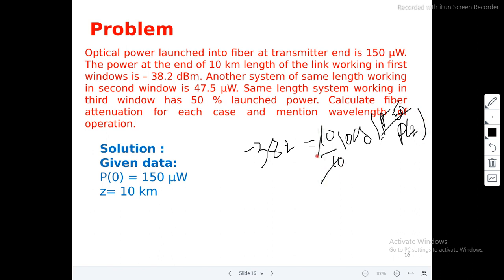These values are cancelled, so you directly take it. The logarithmic will be cancelled.